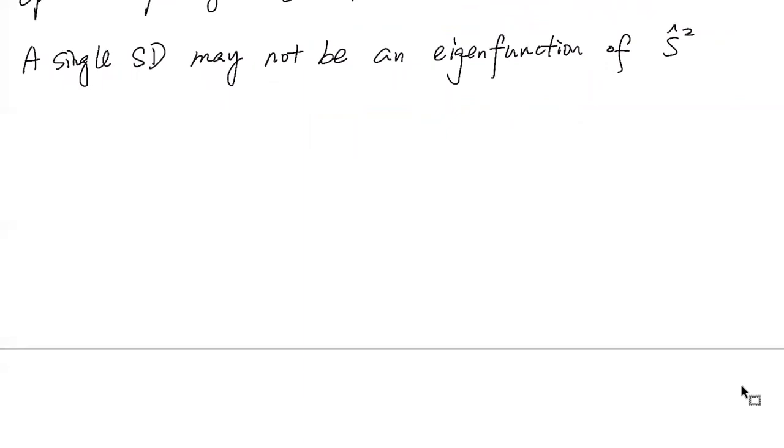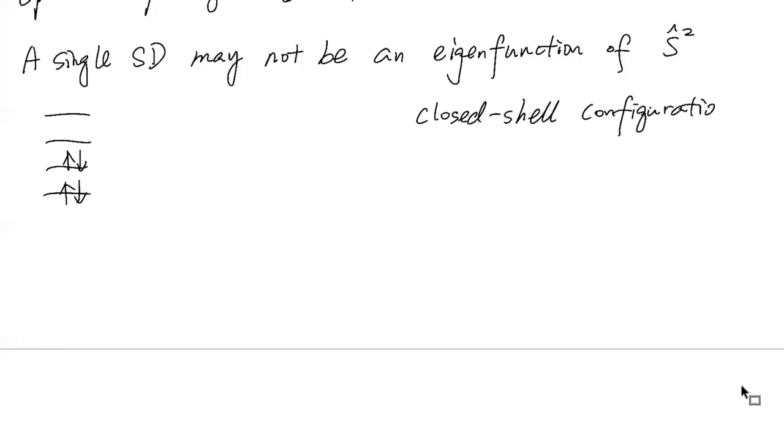So if you have, say, orbitals that are either empty or doubly occupied, then this is the so-called closed shell configuration. Or if we have, say, the pi electron orbitals of a benzene ring, right? This is also closed shell.